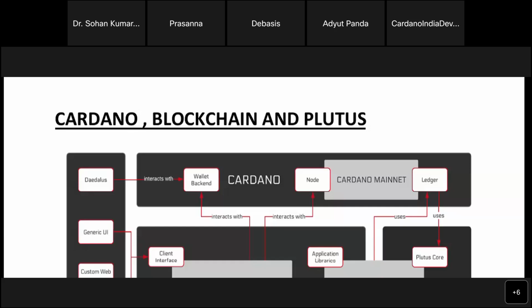How is the transaction done? Whenever you are doing any operation, take an example of withdrawing an amount. Prasanna sir, if there is an error in this transaction... I am giving you a simple example. Suppose you put in the ATM card and give the amount.